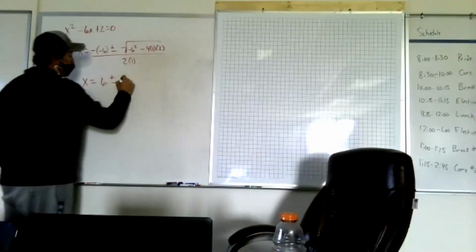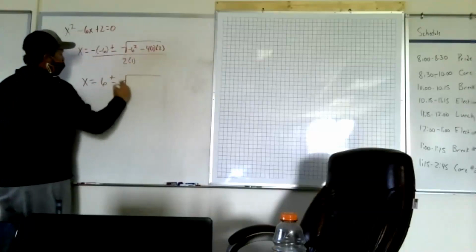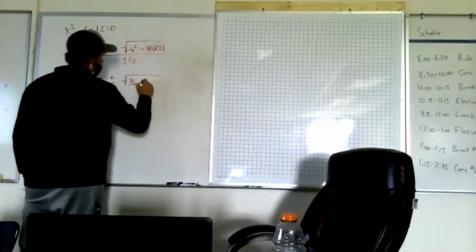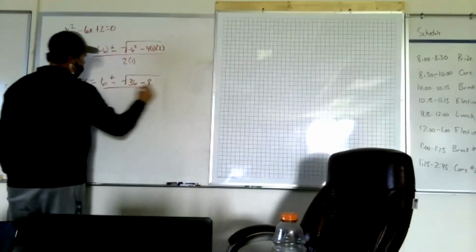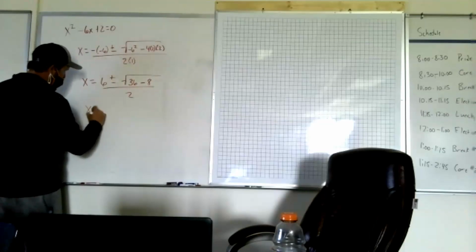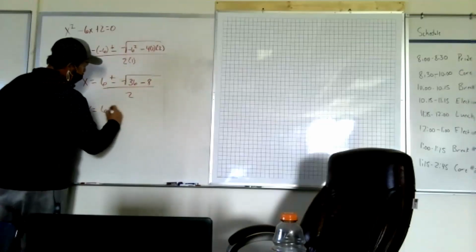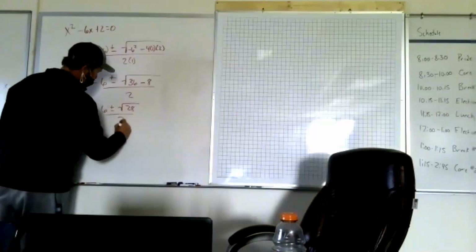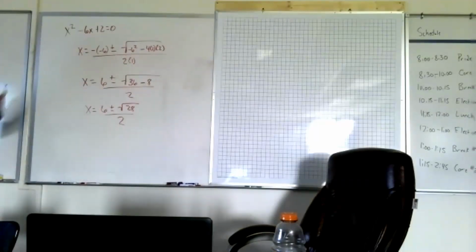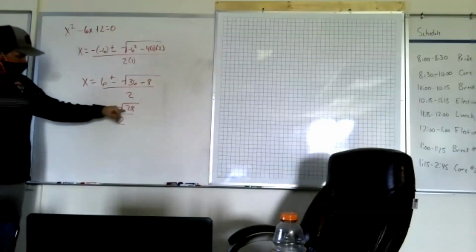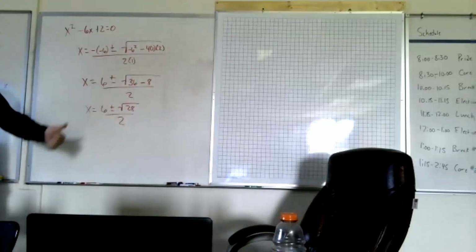Plus or minus the square root of 36, from negative 6 squared, minus 8, divided by 2. Okay, so x is going to be equal to 6 plus or minus the square root of 28 divided by 2. So at this point, this is what causes it to be irrational. Okay, it's still roots. It's not complex roots. It's just irrational roots. 28 isn't a perfect square.